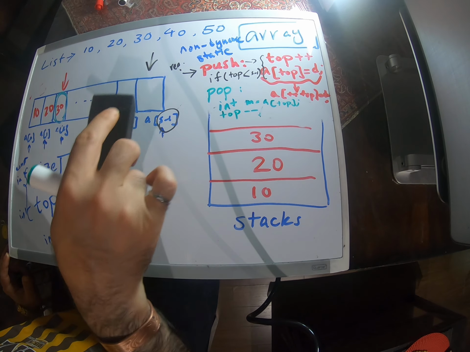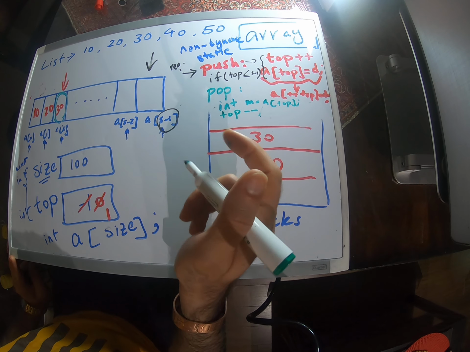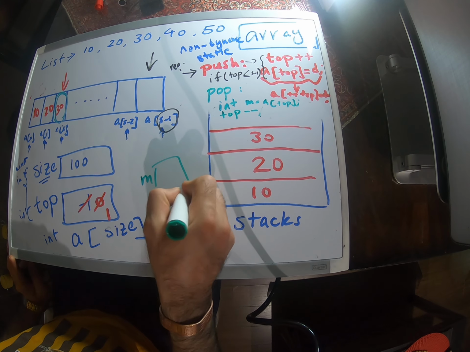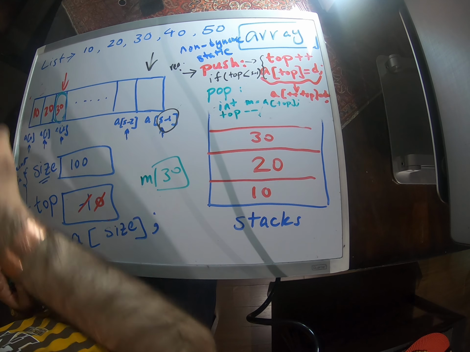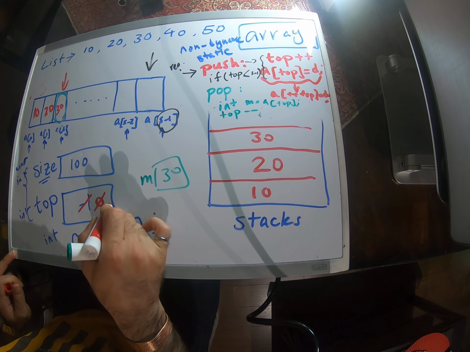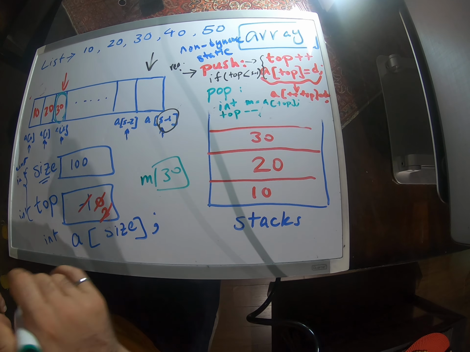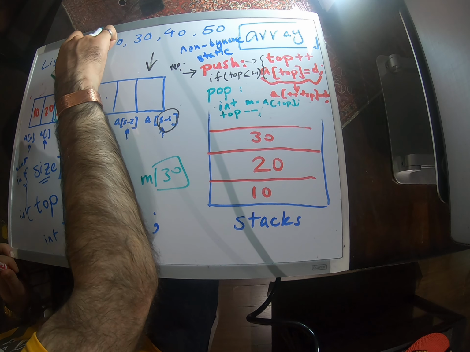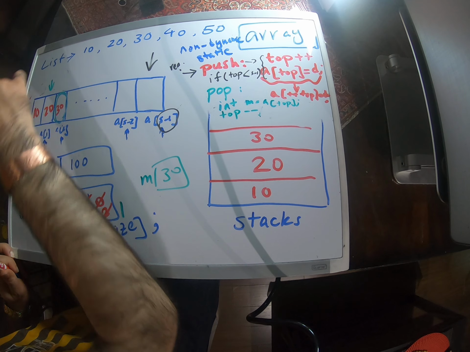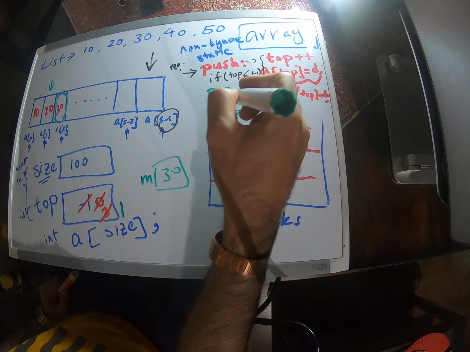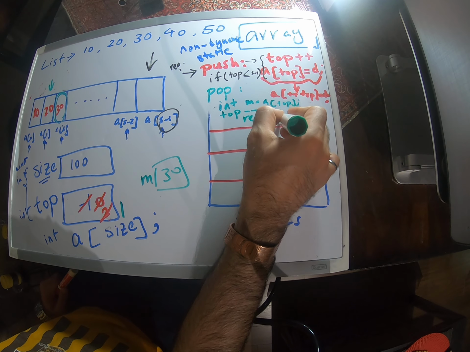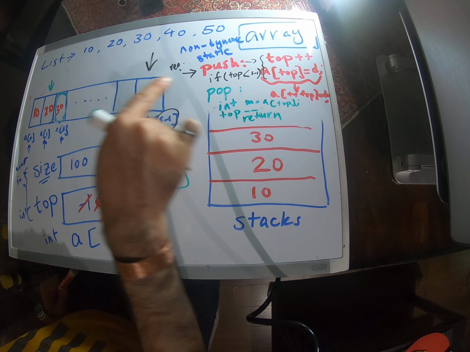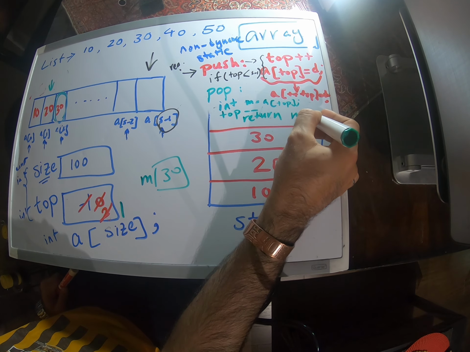In this case, m becomes equal to 30, decrement the top. So top was equal to 2, now becomes equal to 1. So top moves here, right? And then we want to return 30. So that's what we want to do, return m.